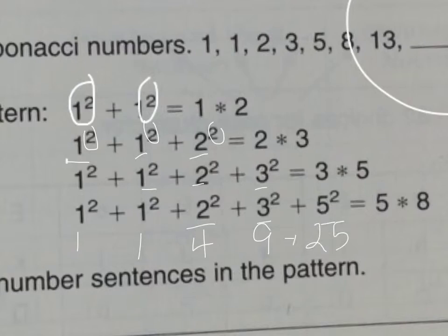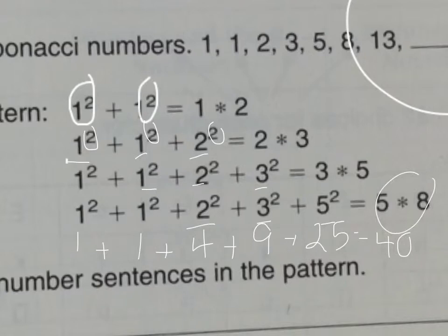Let's add all these. Okay, 1 plus 1 plus 1, 2, plus 4, 6, 9, 15, 25, 40. Well, what's 5 times 8? 40.